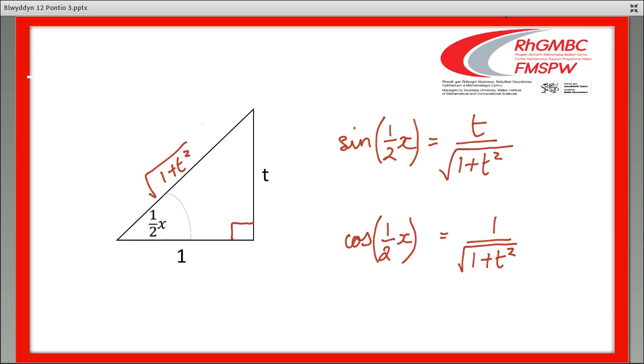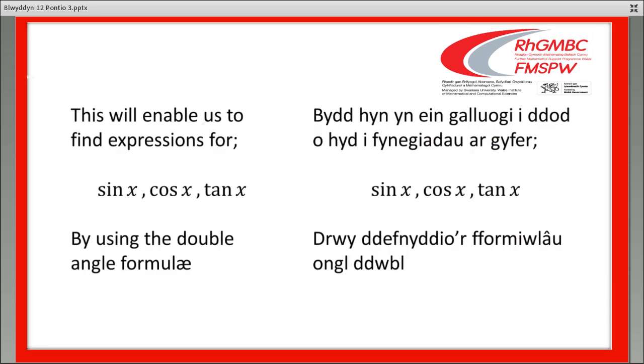Now, once we've got there, what we need to find really are the values of sine of x, not half x, but sine of x, cos of x, and tan of x. So that's what we're going to be doing, looking for sine x, cos x, and tan x, and we're going to use the double angle formula.